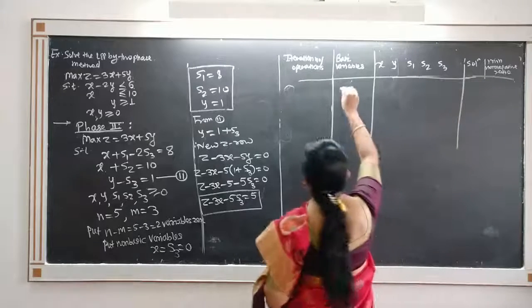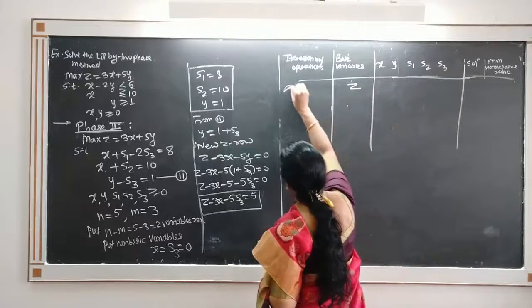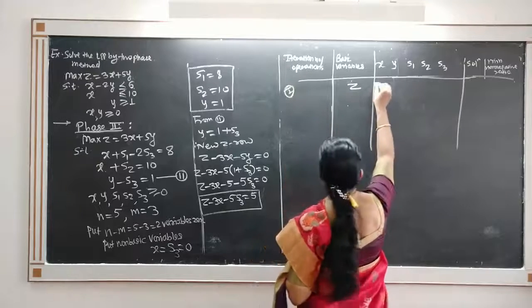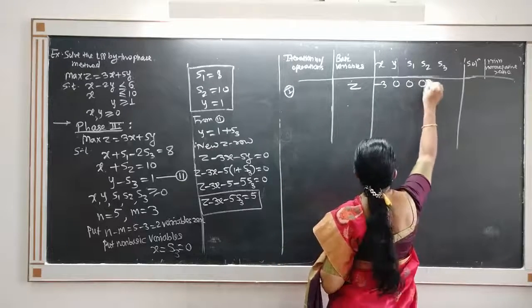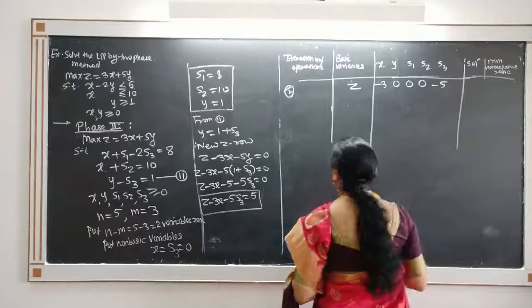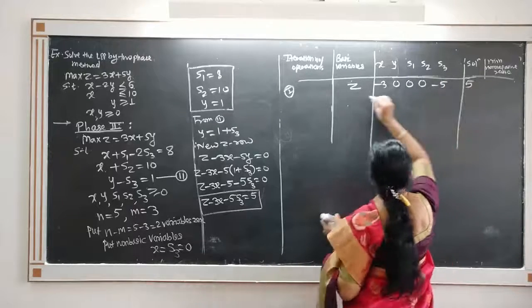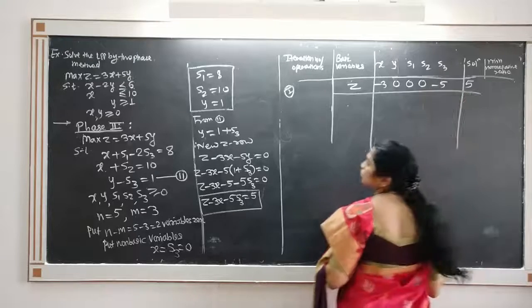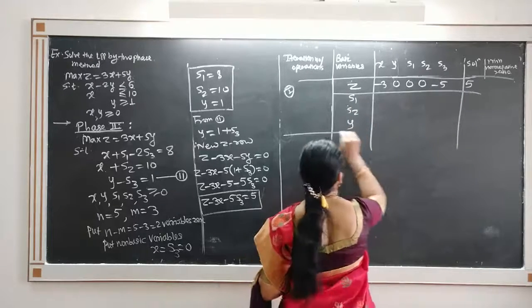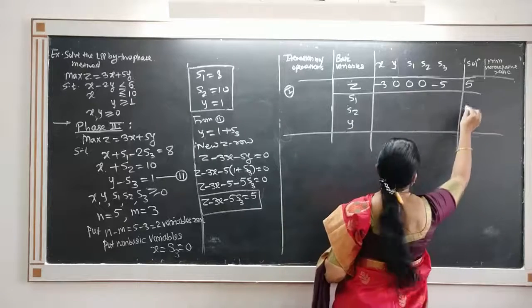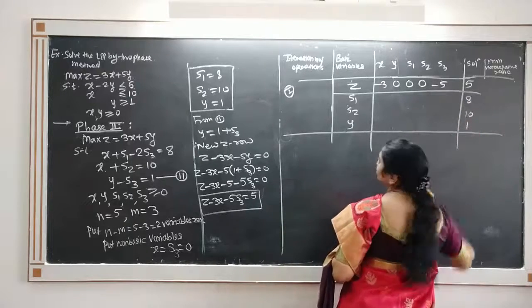So observe the basic variables. In the first table, z minus 3, 0, 0, minus 5 s3 equal to 5. The basic variables are s1, s2 and y having values 8, 10 and 1.